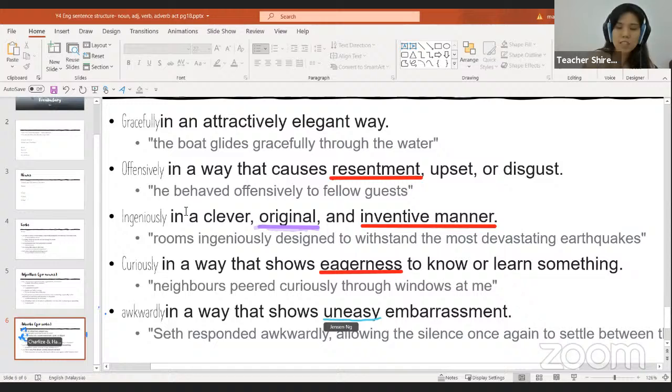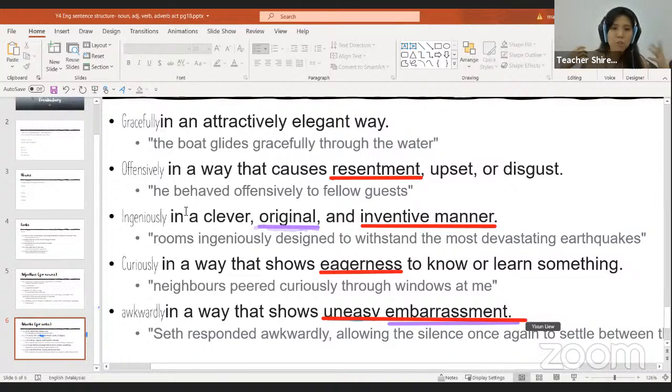Inventive means created themselves, invented themselves. That means it's original. So ingenious, it means that it's like from the word genius. Ingenious is like, wow, this person is genius. He can create everything from scratch, creating everything from himself. So ingenious means original or inventive manner, means very creative and great invention.